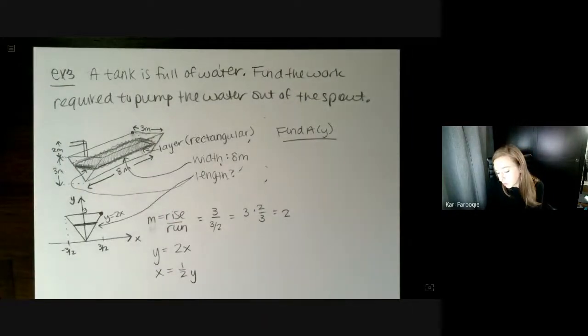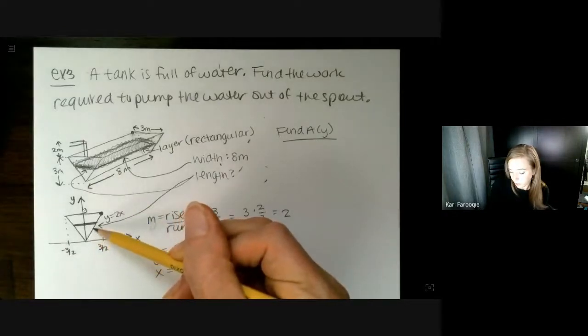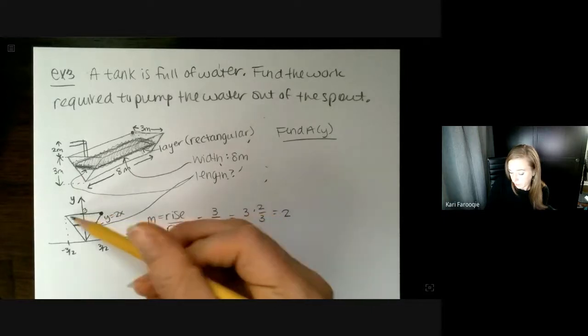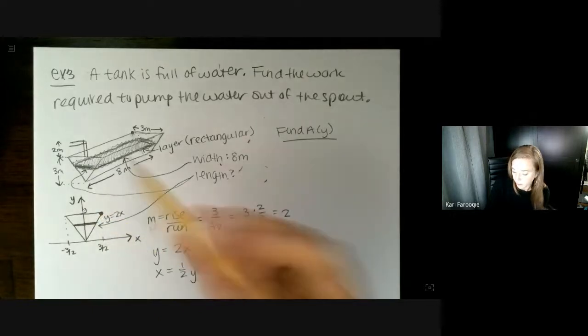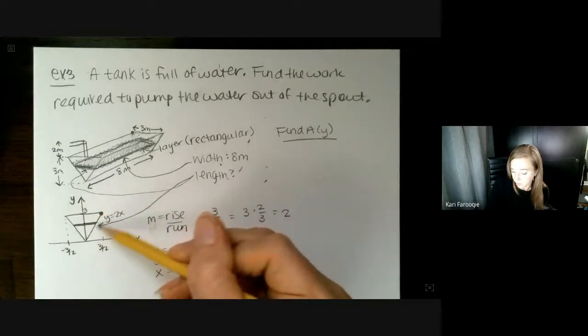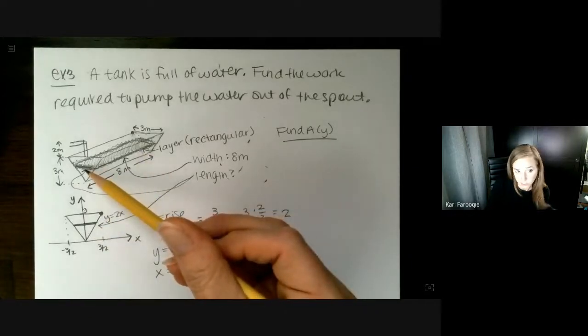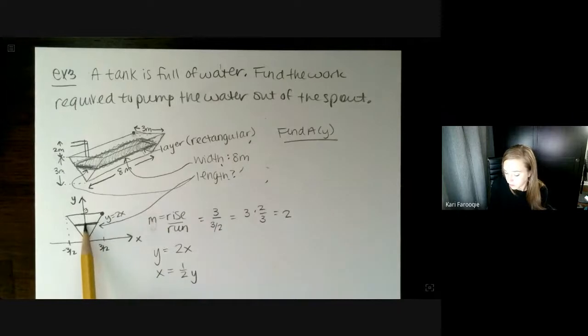Now, what that means is that the value of x is always going to be 1/2 the value of y. You can easily see that here. The value of x is 1/2 of the value of y, which is 3. So the value of x is 3/2. And as you work your way down, that's going to be the same all the time. So you can see now how that relates to the length of this piece. If I'm measuring this piece from the center, the length of it is always going to be 1/2 y. However, I need the entire length.